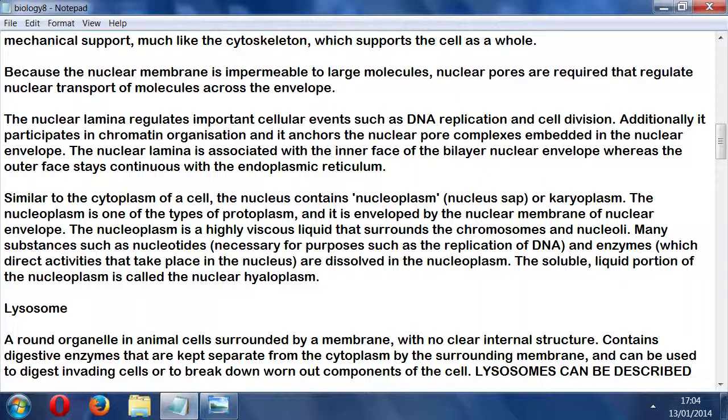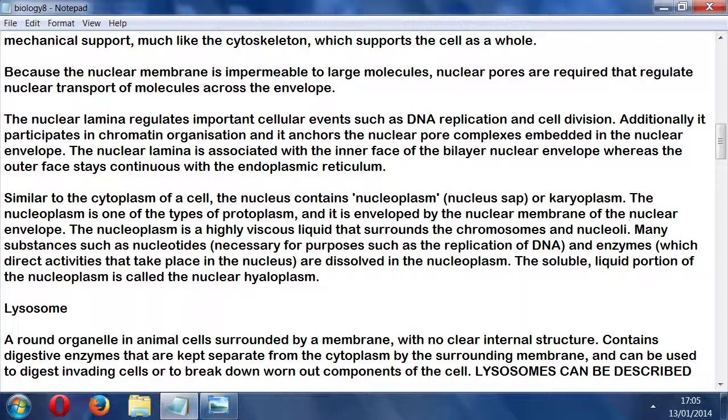Similar to the cytoplasm of a cell, the nucleus contains nucleoplasm, nucleus sap, or karyoplasm. The nucleoplasm is one of the types of protoplasm, and it is enveloped by the nuclear membrane or nuclear envelope. The nucleoplasm is a highly viscous liquid that surrounds the chromosomes and nucleoli.